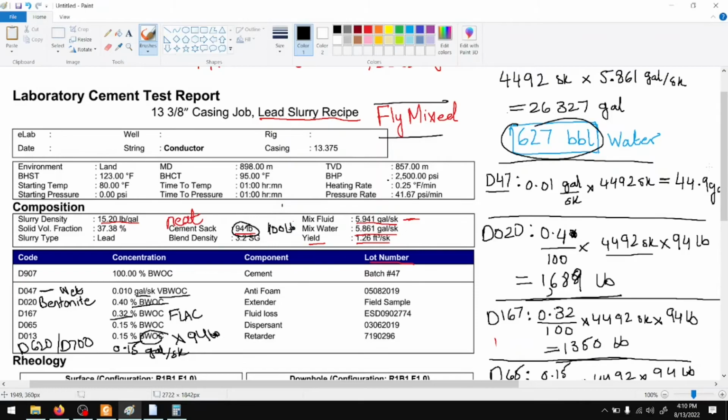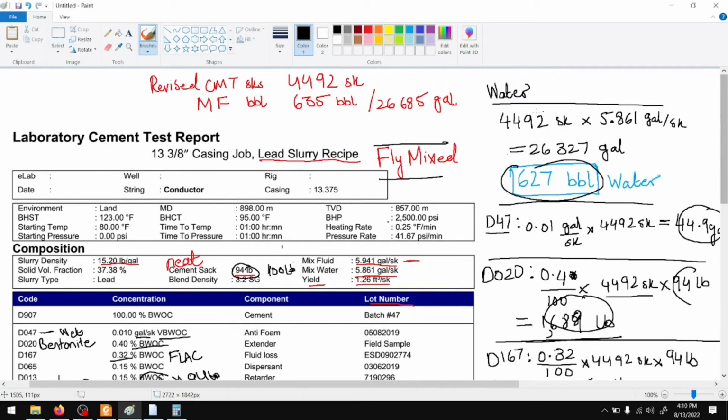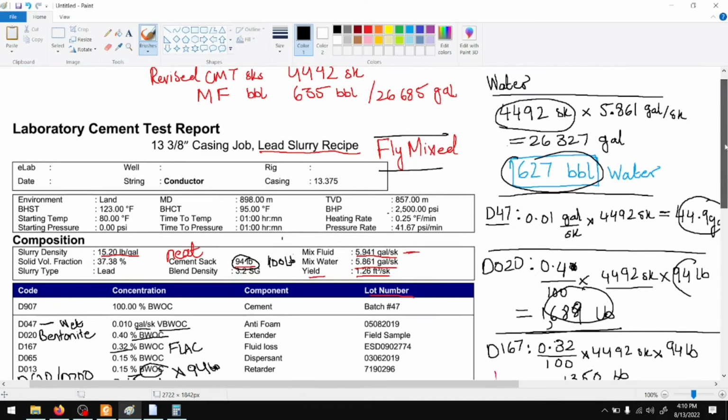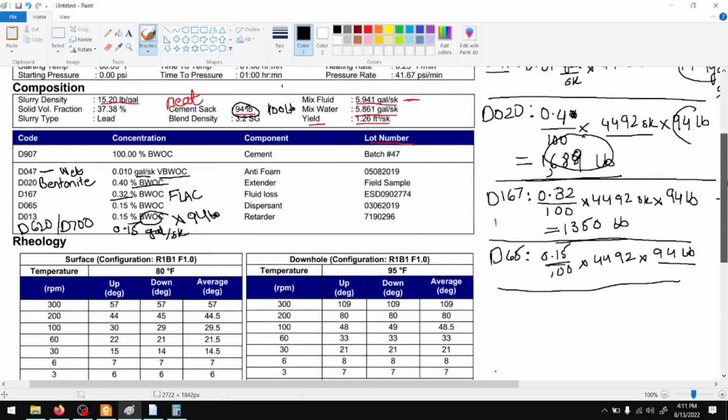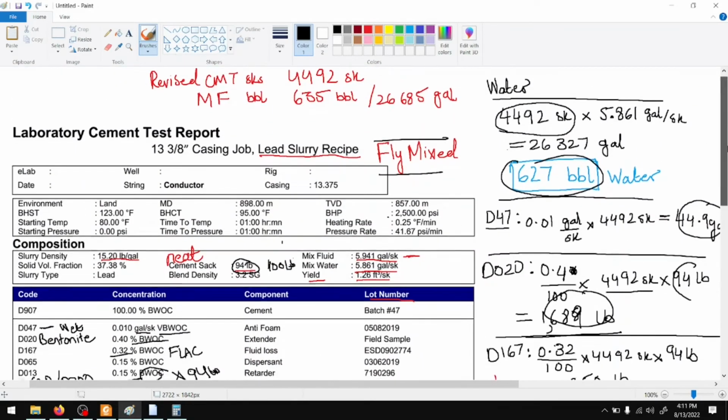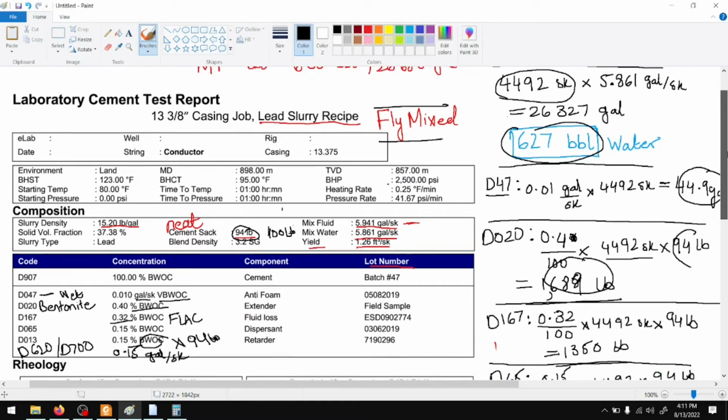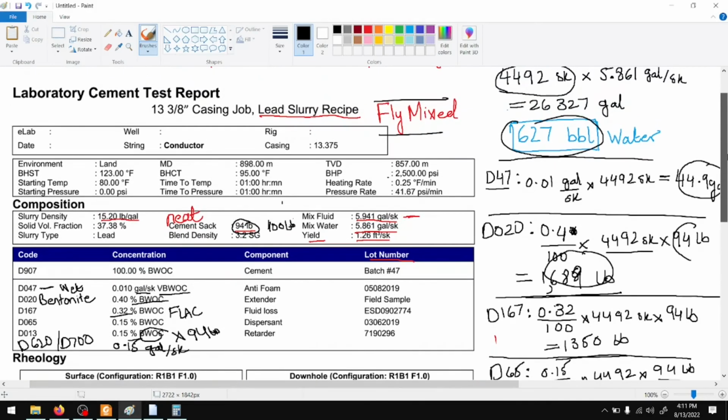This is the amount of chemicals you would need, but the cement amount, the amount of dry cement, is not your revised cement. It is the original cement volume that we calculated and deleted in this scenario, but I'm sure you can rewind this video and find out. So this is how you calculate your fly mix slurry volumes with chemicals.